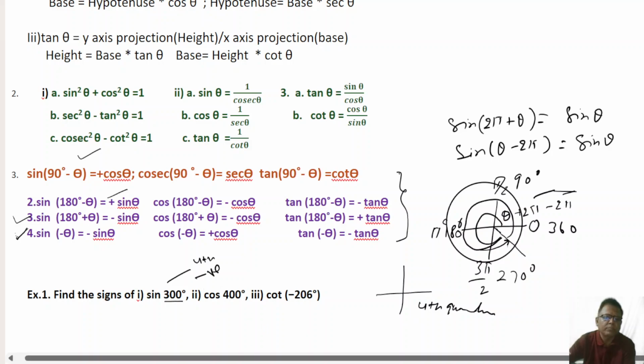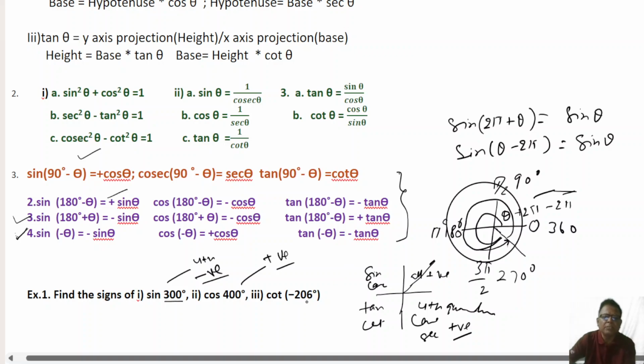Sin and cosec are positive in the second quadrant, all are positive in the first, tan and cot are positive in the third, cos and sec are positive here, remaining all negative. So it's lying in the fourth quadrant. Here only cos and sec are positive, so this will be negative. And here 400, it lies beyond 360, so in the first quadrant. So it's all positive, then it will be positive.